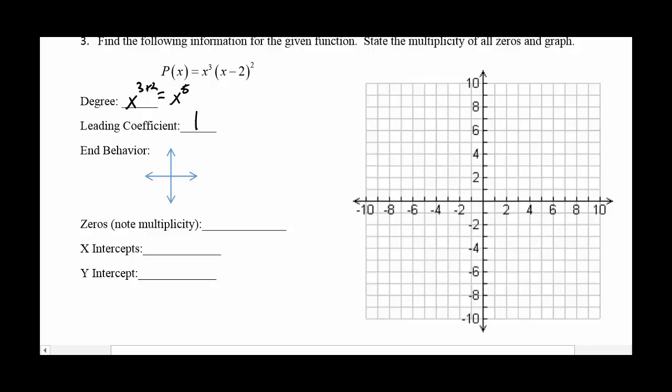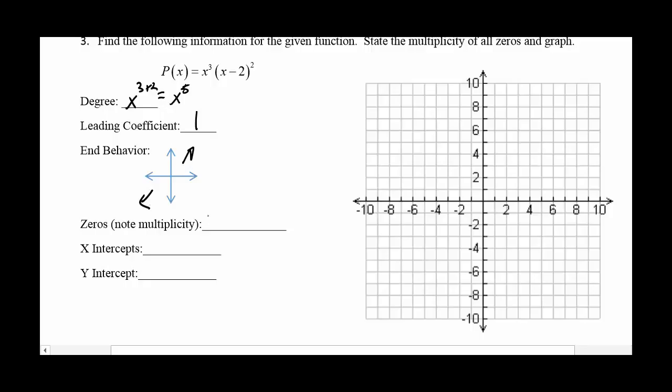If you were to multiply it all out, just imagine your first term would be 1x to the 5th, with x to the 4th with something. The other positions are probably going to have other than 1s, but the leading term is just going to have a 1. End behavior: it's a fifth degree, so that's the first and the third quadrant.